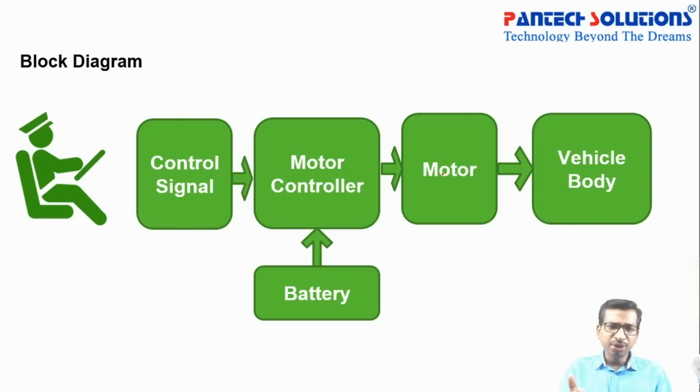From that unit, the signal will be converted into a control signal. Once we vary the control signal, the motor will get activated. So whenever it receives a control signal from the inverter, we can get a movement in the vehicle.